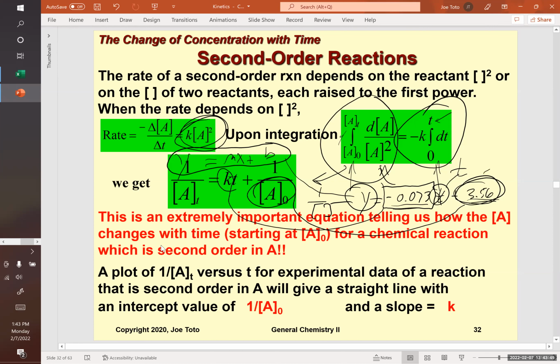So that value should equal 1 over the initial concentration. So I can solve for the initial concentration if I want, and I could find the rate constant. So you can use the integrated rate law along with this graphical method, if you have data, to calculate the rate constant K. And so they ask you to do that as well.